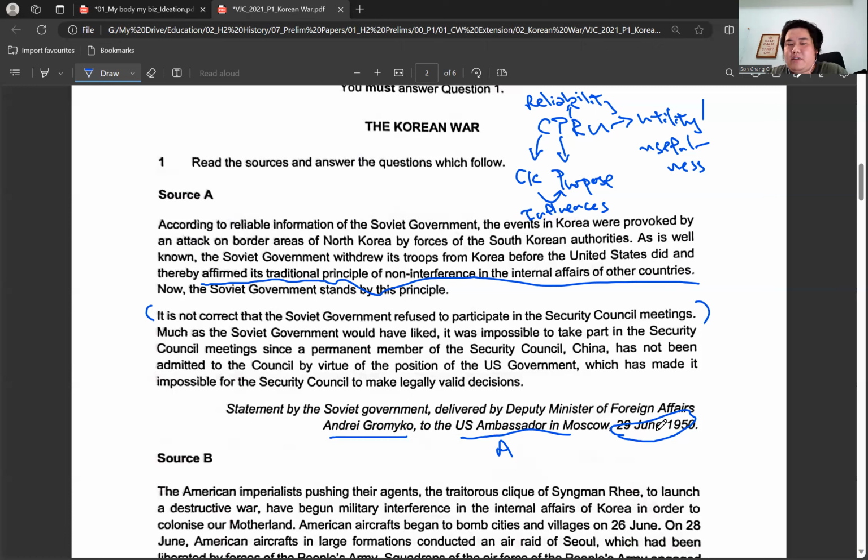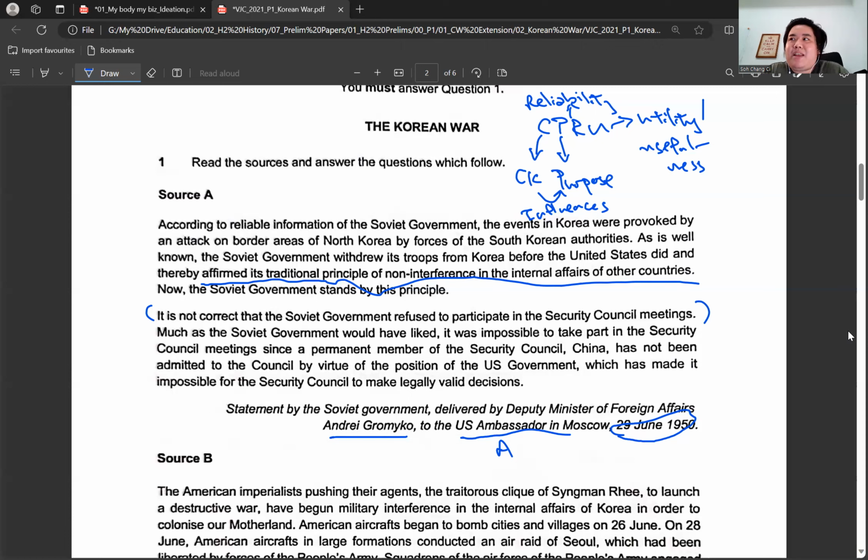As a result, what this source would be trying to do would be to attempt to gaslight the American ambassador and USA on the Soviet intentions, in order to remove responsibility and suspicion from themselves in relation to their role in the Korean War.